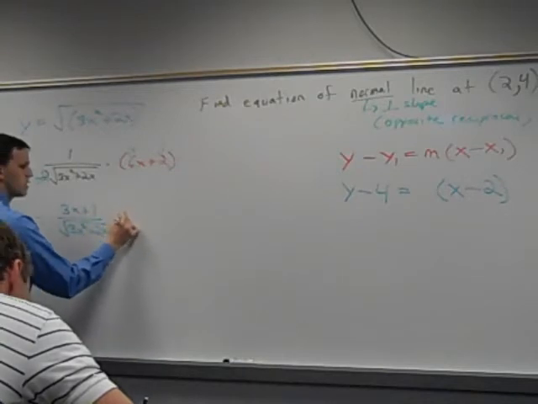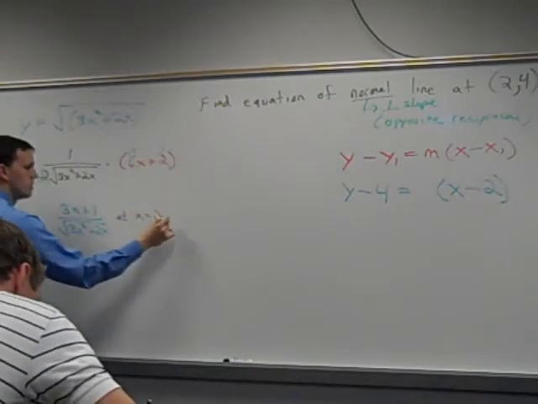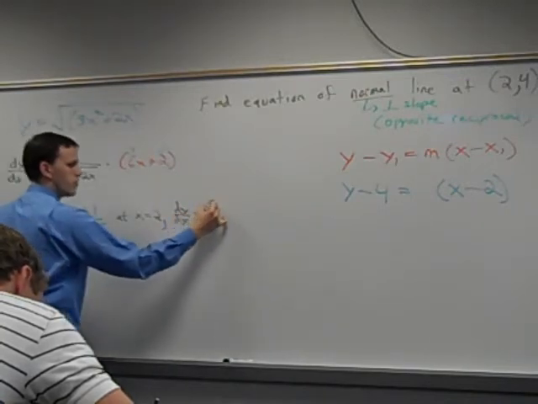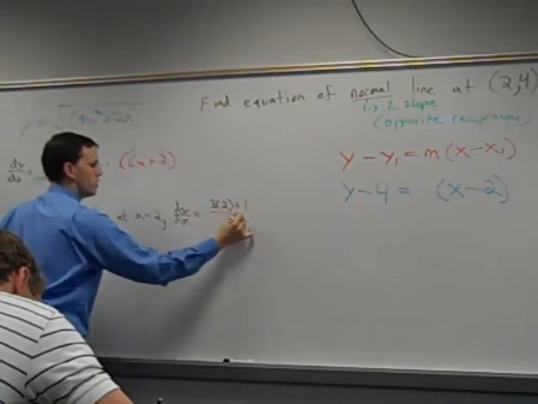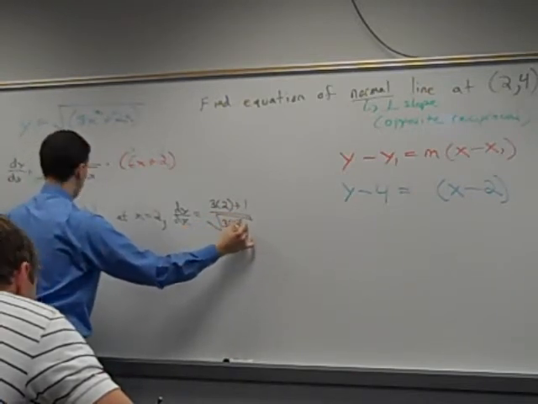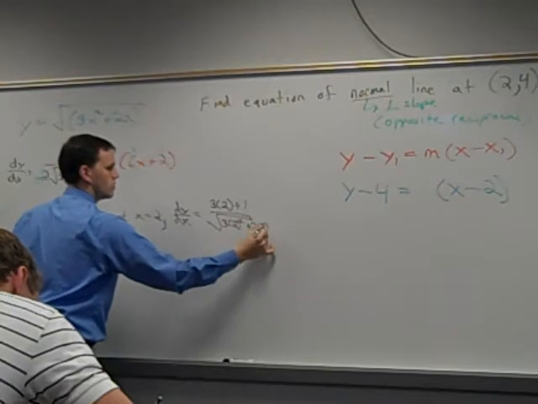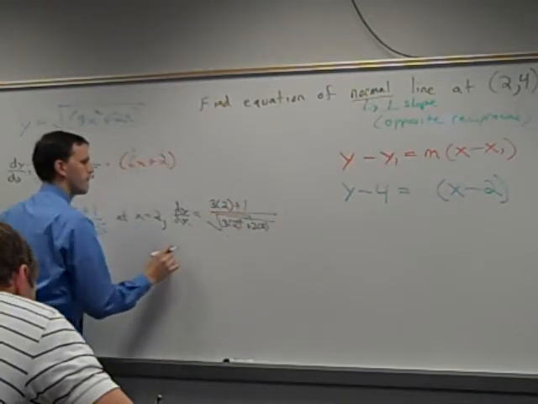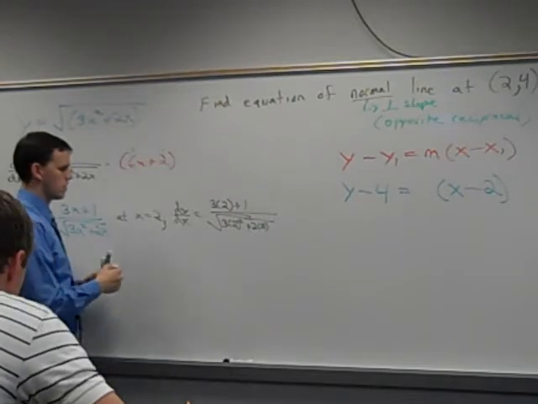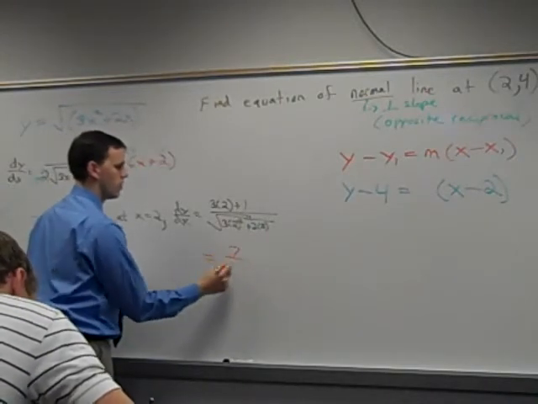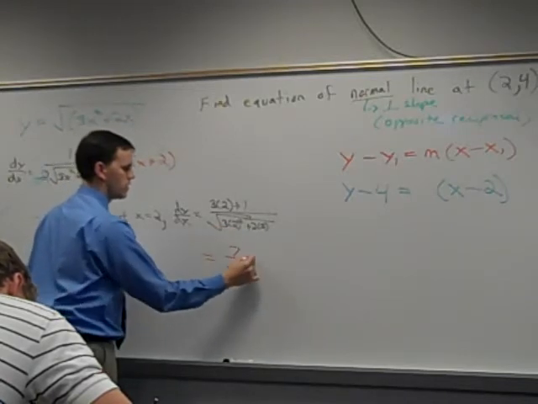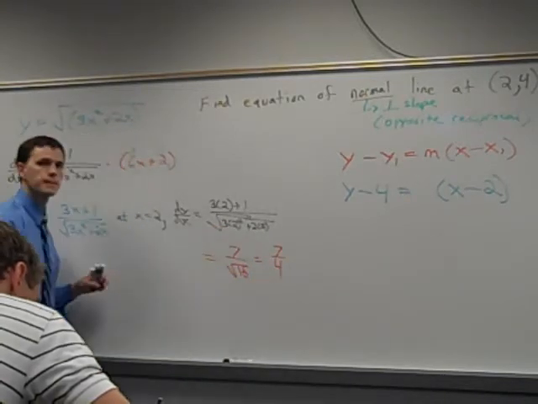So at x equals 2, dy/dx will then equal 3 times 2 plus 1 all over the square root of 3 times 2 squared plus 2 times 2. That's 7 over the square root of 12 plus 16, which is 7/4.